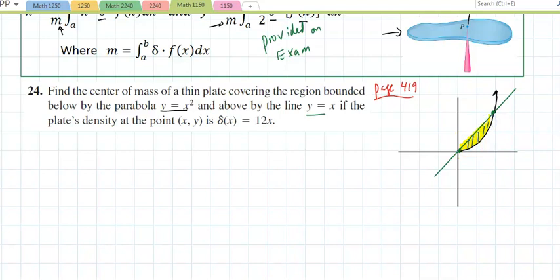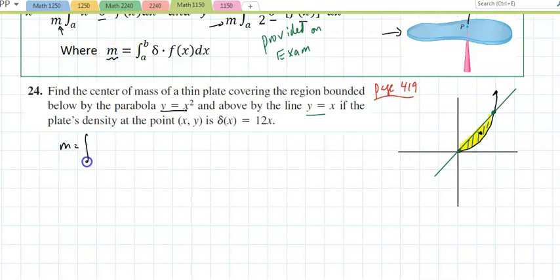We want to find where to put the pin so that we can get the balance. Put a pin somewhere in it and lay it flat, and it should balance out. That's the idea. So first we need to find what m is.